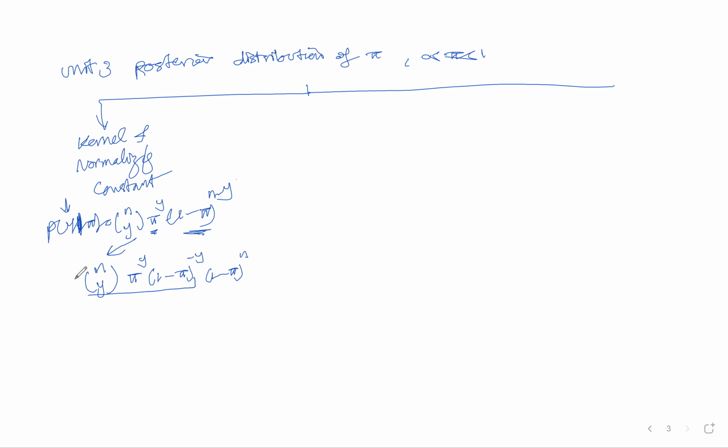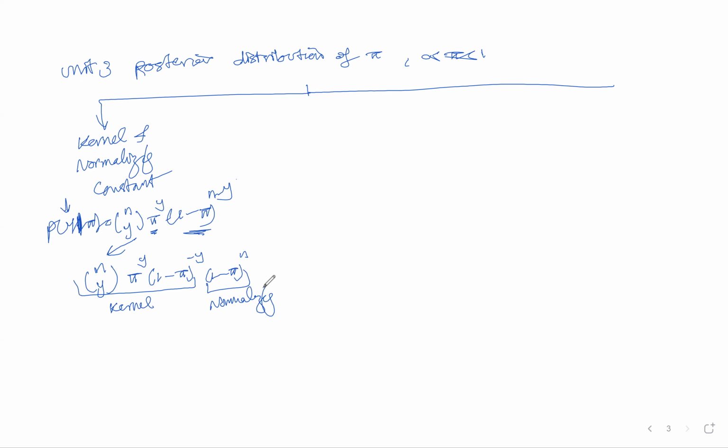All these ones depend on y, so this one is the kernel. And this one doesn't depend on y. This one is the normalizing constant. So this is how I decide which one is the normalizing constant and which one is the kernel.